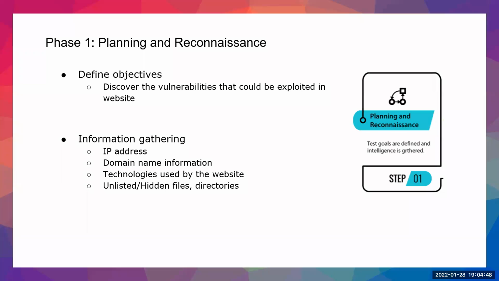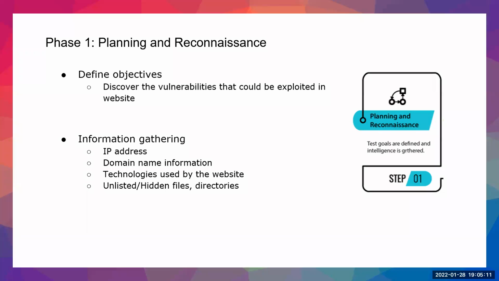In this demonstration, our objective is to discover the vulnerabilities that could be exploited in the website, which in this case is the Metasploitable. Normally, all these websites have a list of information which can be useful for our penetration testing.